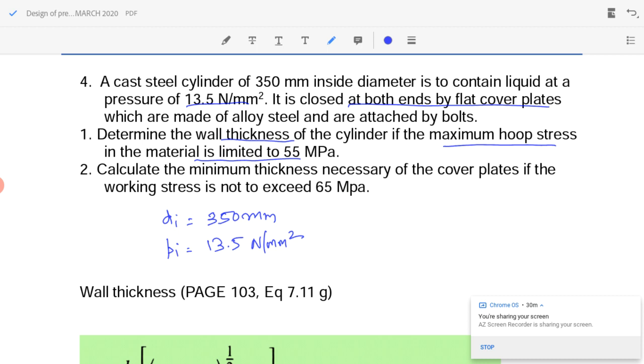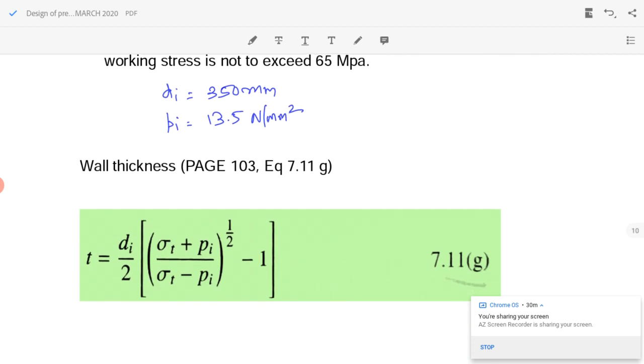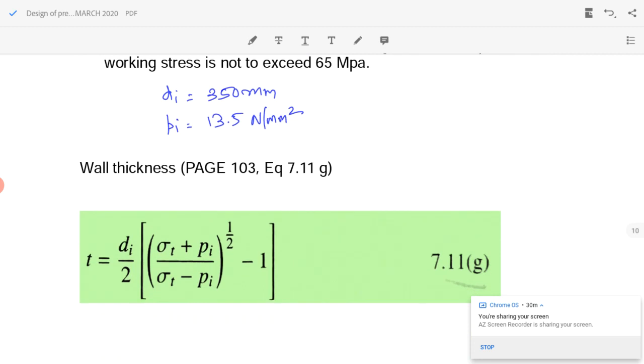Since the pressure is at a higher value, we can use the thick cylinder equation. This is our equation. Di equal to 350 mm, sigma T equal to 55 megapascal, internal pressure equal to 13.5.